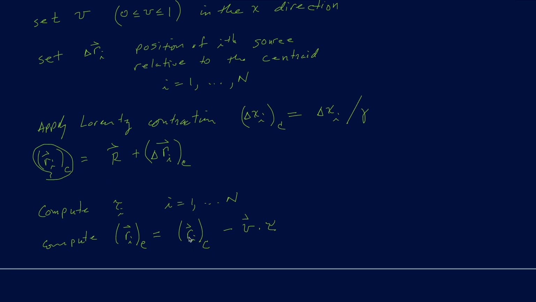So that's the true contracted position of the ith point source at the time it is observed, which is to say at the time the ray of light from this particular point source reaches the observer, okay? And then here we have the velocity vector, and this is tau, but not any tau, this is tau sub i. It's worth emphasizing that every point source in general has a different tau.